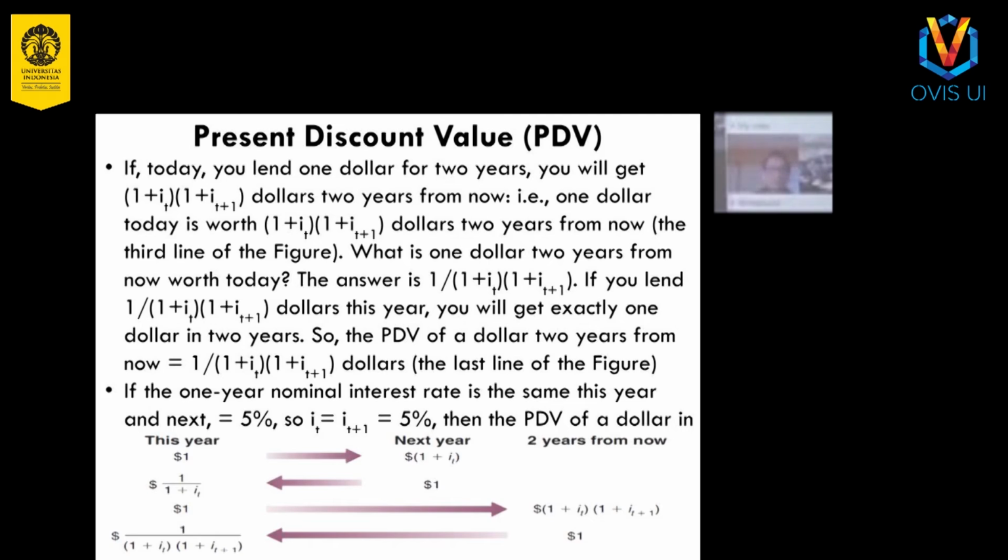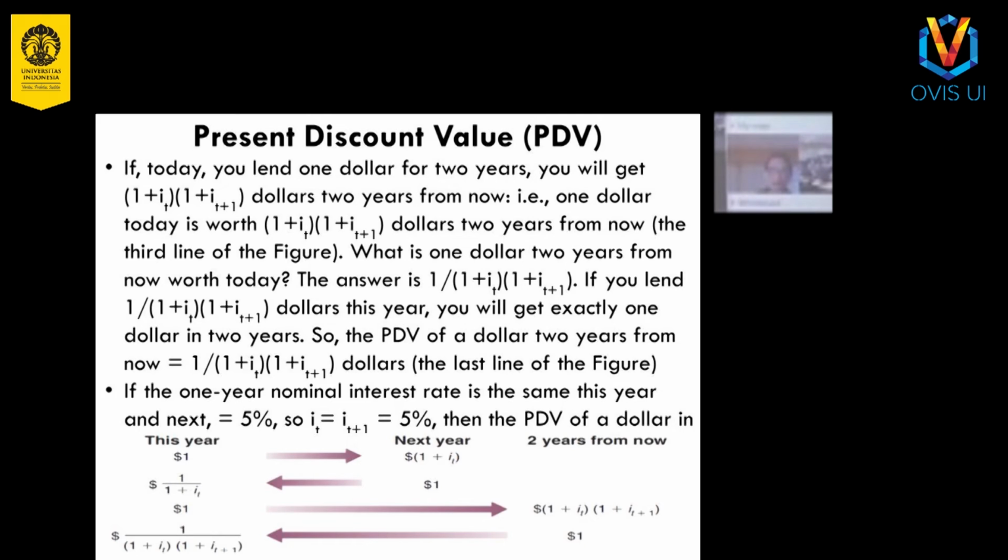Now you can also put the reverse. Suppose you want to lend the money, but you want to make sure that when you lend the money today, 2 years from now you will get back $1. In other words, you want to lend the money, but the amount that you lend is set so as to guarantee that 2 years from now, you will get $1 back.